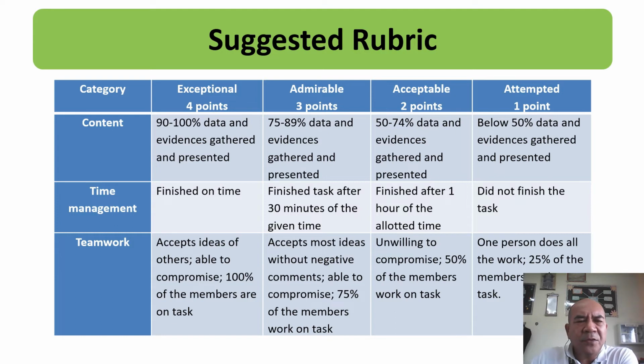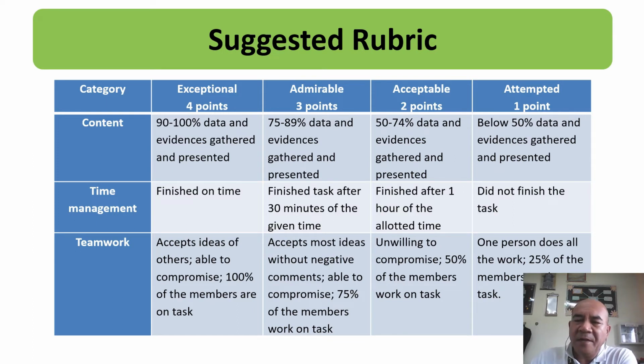Now, for the category of time management: if the group finished on time, that is 4 points. If the group finished tasks within 30 minutes after the given time, they will be given 3 points. If the group finished within 1 hour after the allotted time, they will be given 2 points.